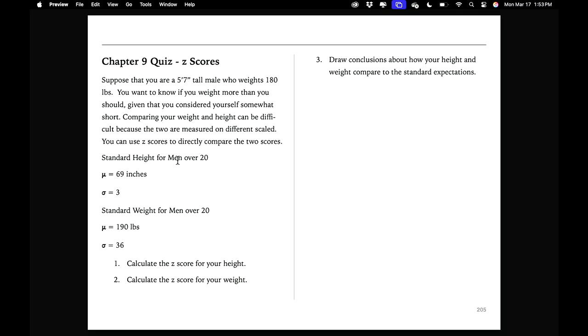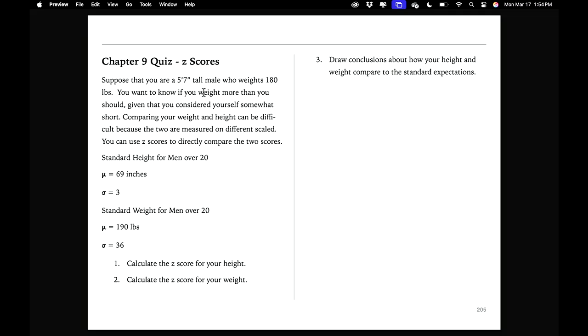Here's the standard height for men over 20: 69 inches is the average with a standard deviation of 3. Here's the standard of weight for men: 190 pounds, standard deviation of 36. Suppose you are a 5'7" male who weighs 180 pounds.